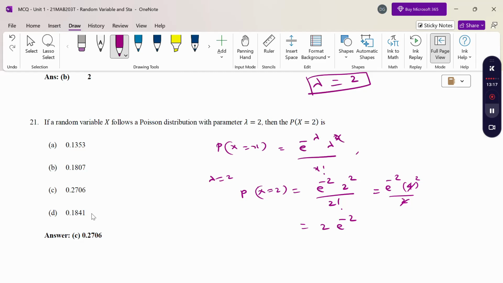Using the calculator, e^(-2) is 0.1353. Multiplying 0.1353 by 2 gives 0.2706. So the option is C.